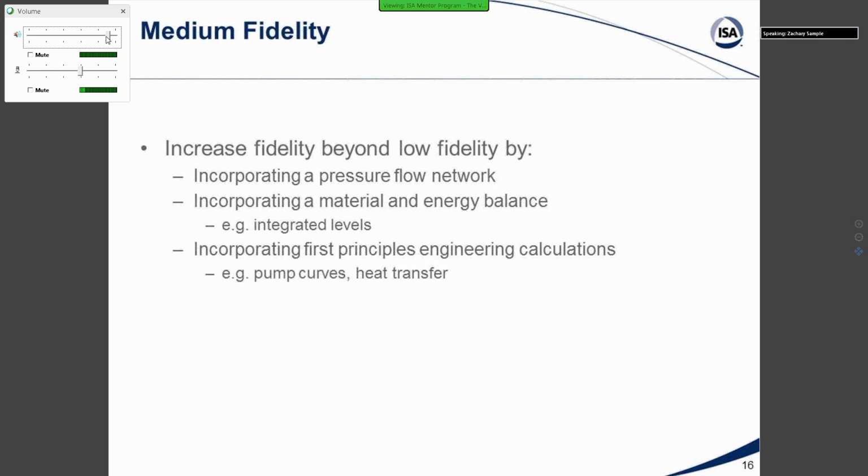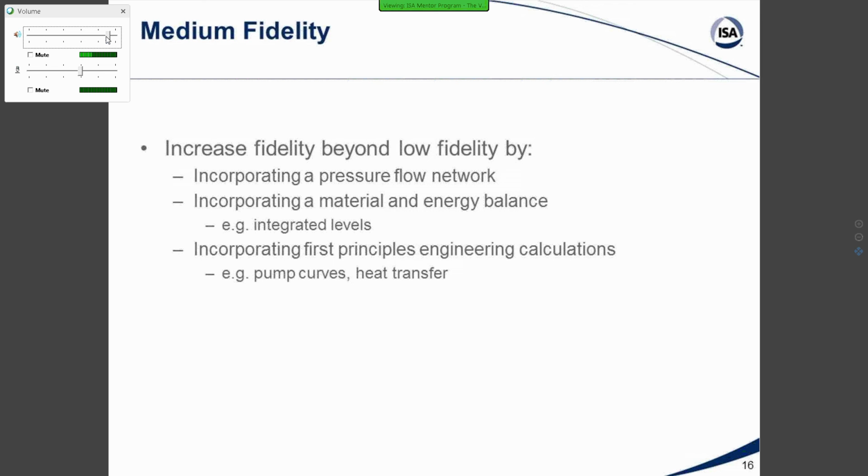So if we wanted to increase our fidelity beyond this low fidelity, we do so by starting to incorporate a pressure flow method. And this will automatically include all of those dependencies that we were talking about. Okay, is the pump on? Is the valve in place? Those kinds of pieces, right? And then incorporating a material and energy balance, meaning that we're integrating levels between the tanks.